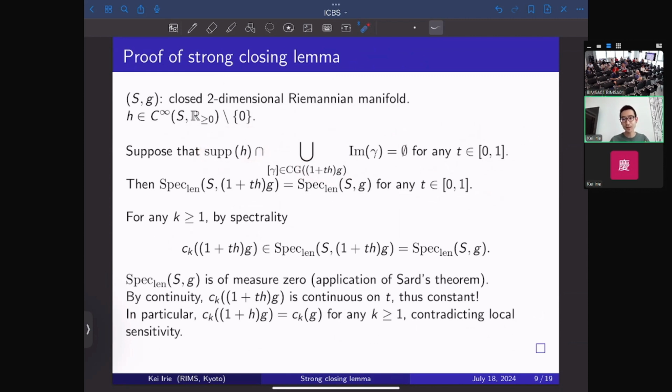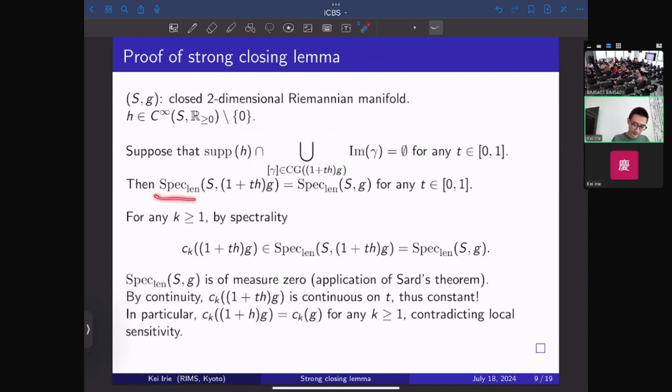Then the set of closed geodesics of the metric (1 + th)g does not depend on t, because this metric is equal to g on the complement of the support of h, and we assume that no closed geodesic intersects the support of h. So the set of closed geodesics does not change.